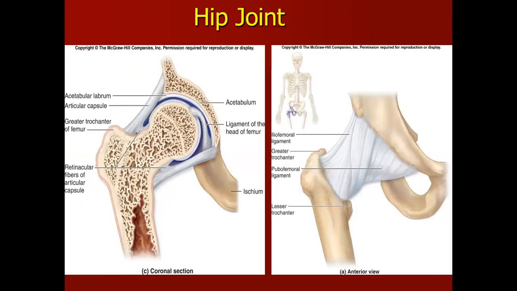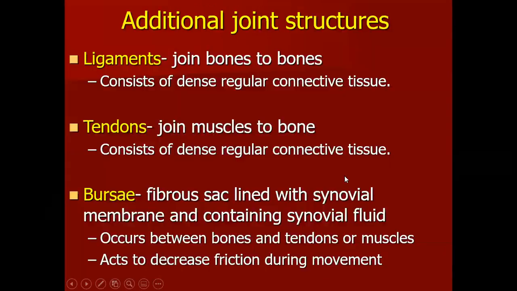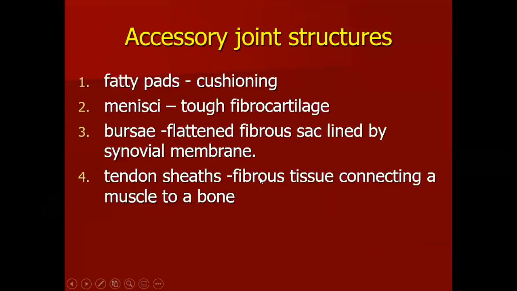It's one of the most common injuries of the elderly. But still, a synovial joint still gives us a pretty good range of motion. And so it has all those things. By the way, ligaments, bones to bones, tendons, muscles to bone. Don't be like Miss Millsmore and get those constantly confused the rest of your life.